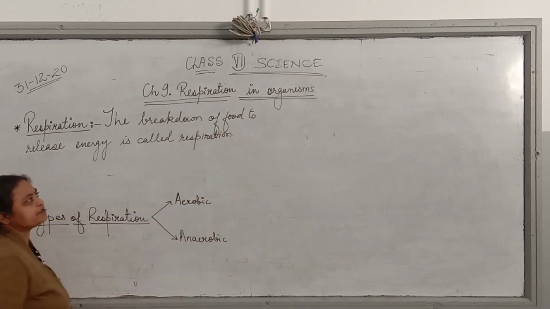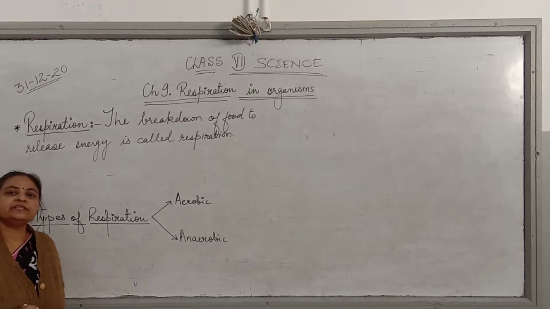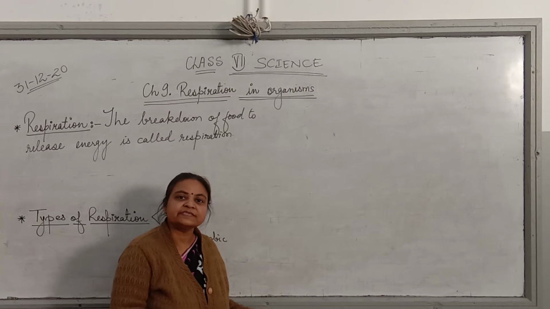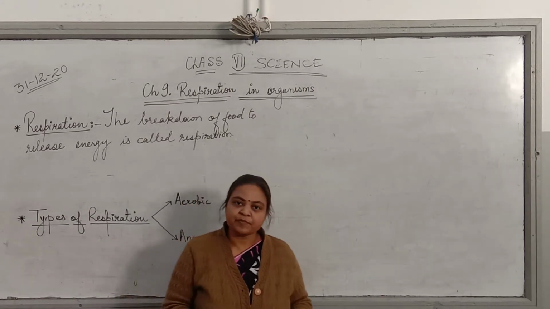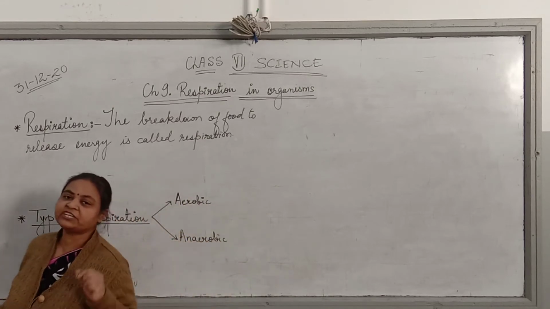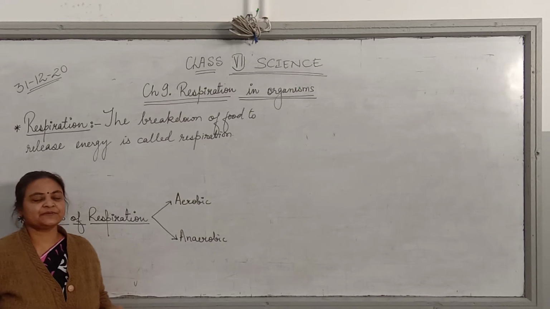Or we can say the process of breaking down food to release energy in the cells. The food is digested, it is transported to all the cells, it becomes an integral part of the cells, and from there cellular respiration takes place and energy is released.